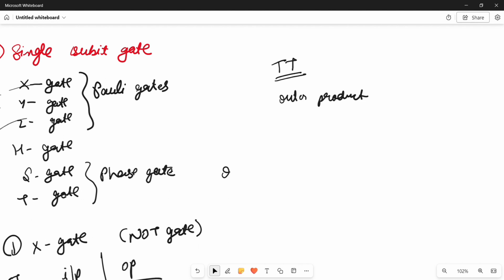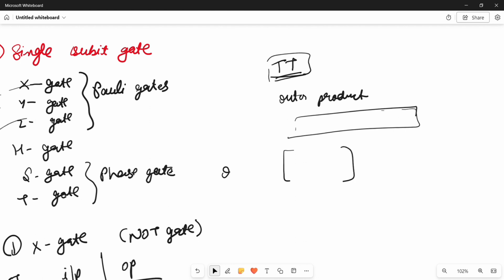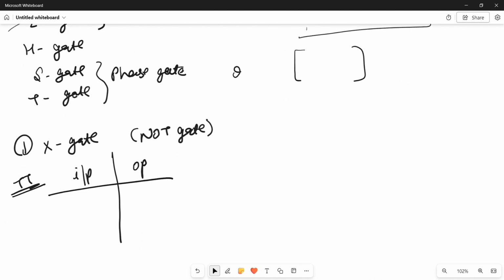What is your outer product form? You write your truth table in some outer product form, and using this we can derive a matrix for our gate. So we'll do the derivation as well. For every gate, these are the three things I will be giving you.